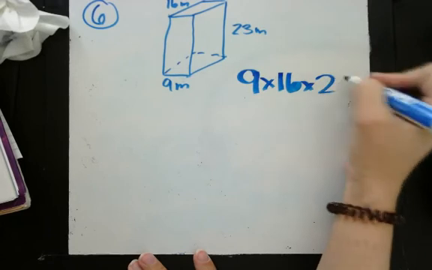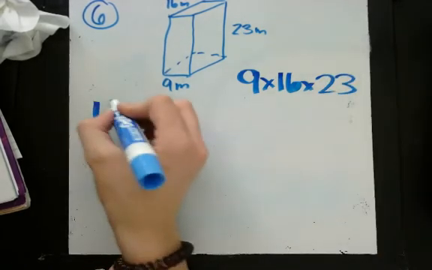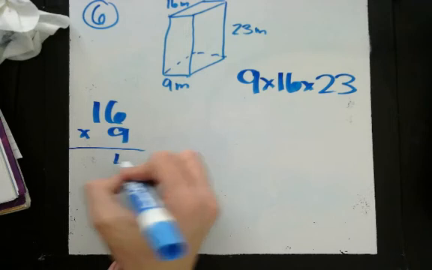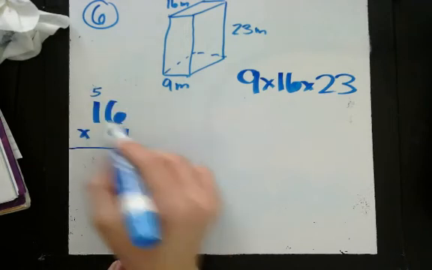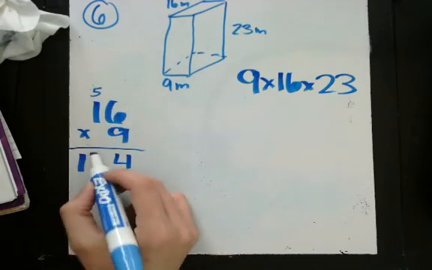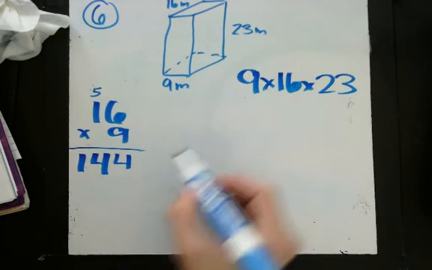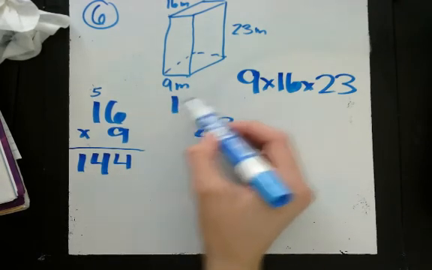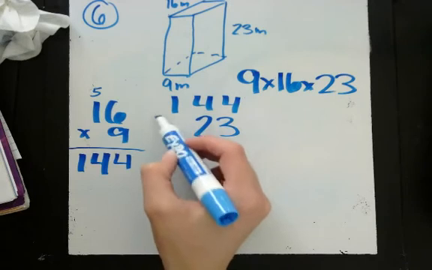So again, I'm doing length times width times height. So first I'm doing 16 times 9. And then I'm doing 23 times 144.